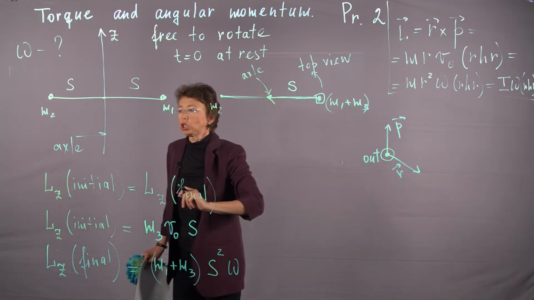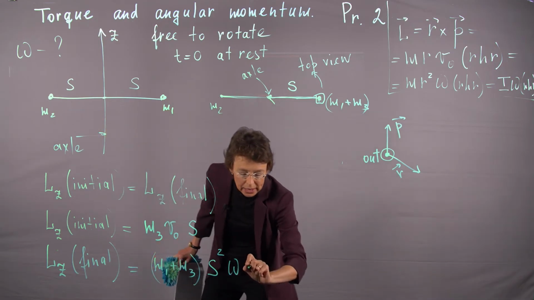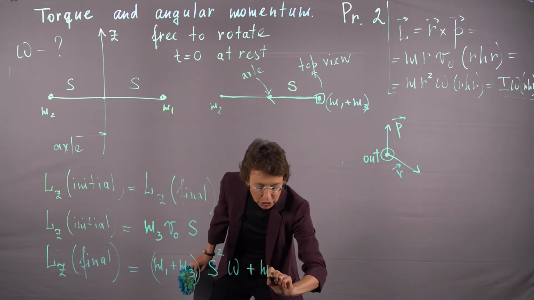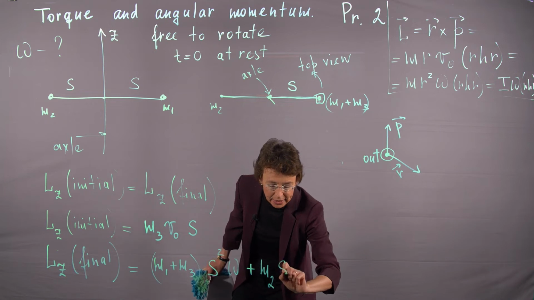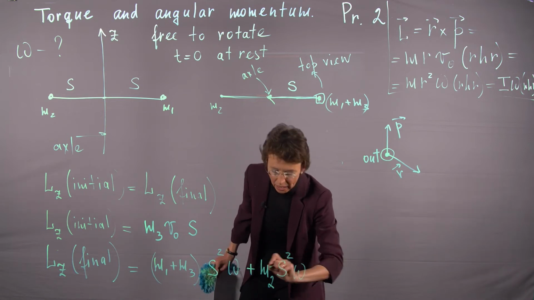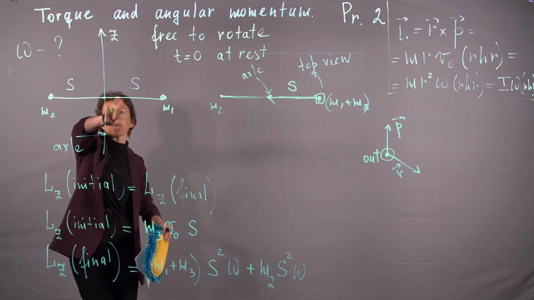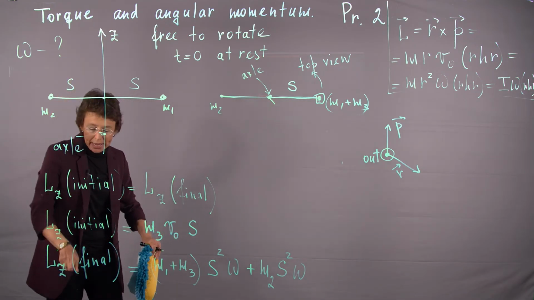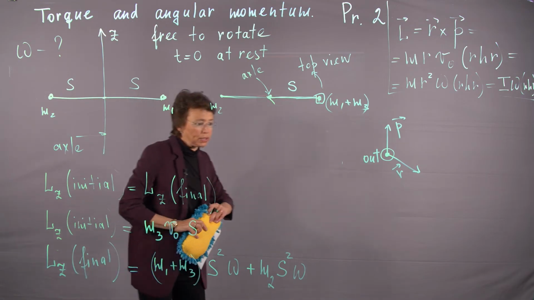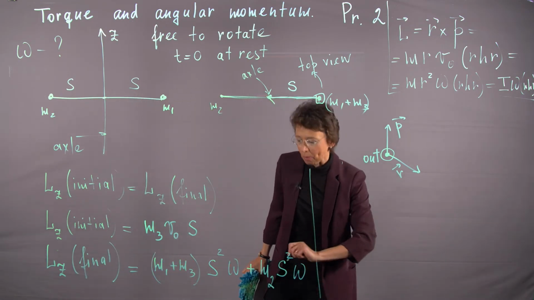And I have M2 also rotating, plus M2 S squared omega. How do I know that it is plus? It's a rigid rod, so they are spinning in the same direction. Again, I have positive Z projection of angular momentum.